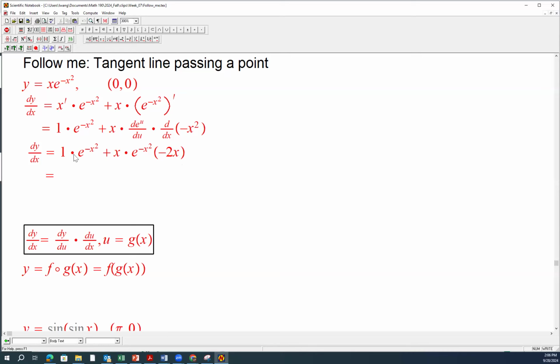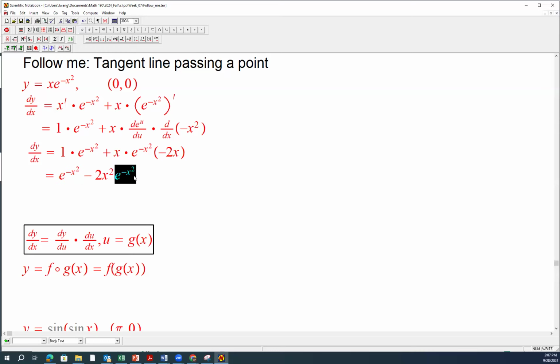And simplify. So we got e to the power of negative x squared, and negative 2x times x, that's going to be minus 2x squared e to the power of negative x squared. And this obviously can be factored out, right?